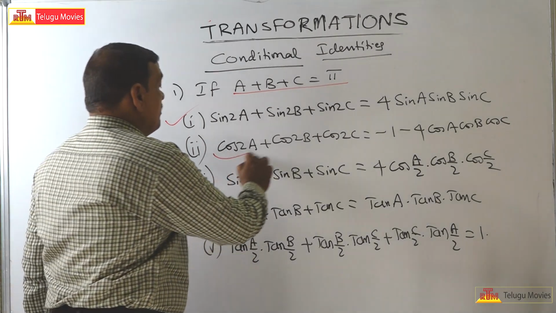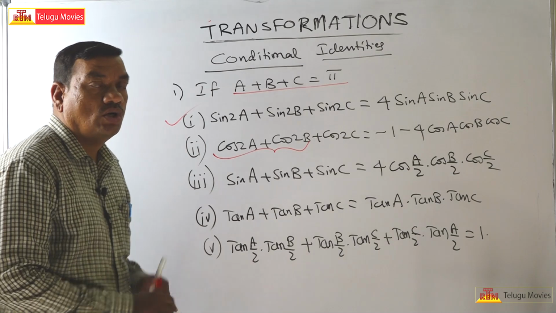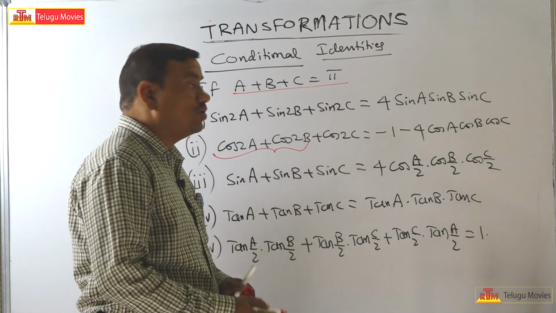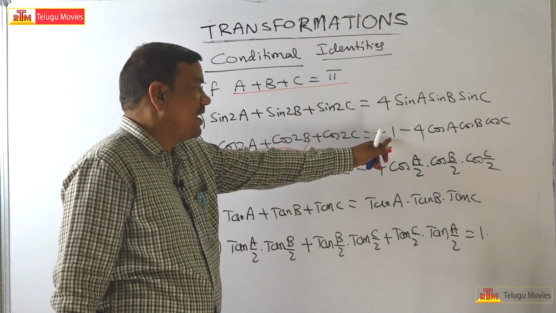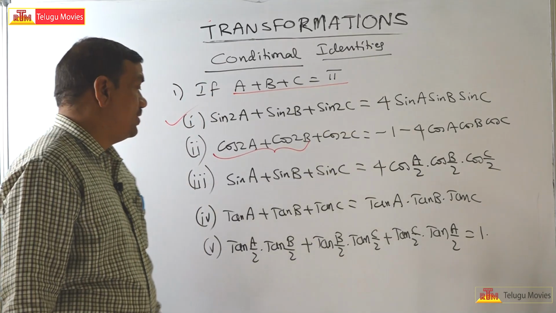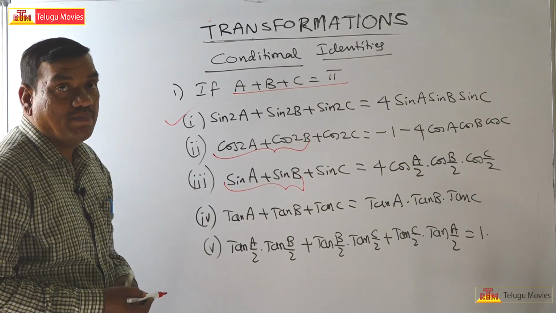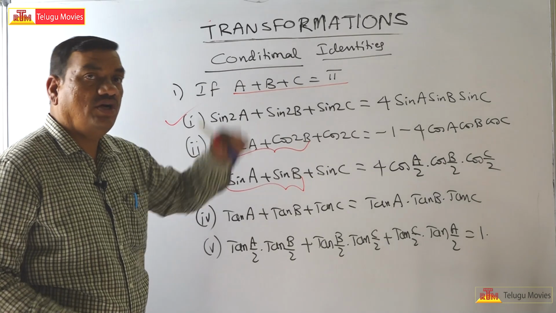So here first you combine these two, cos c plus cos d, 2 cos c plus d by 2 cos c minus d by 2. Here cos 2c, you write down 2 cos square c minus 1. Here minus 1 will come, you can prove that. Also here sin a plus sin b, 2 sin a plus b by 2 cos a minus b by 2, it will continue.